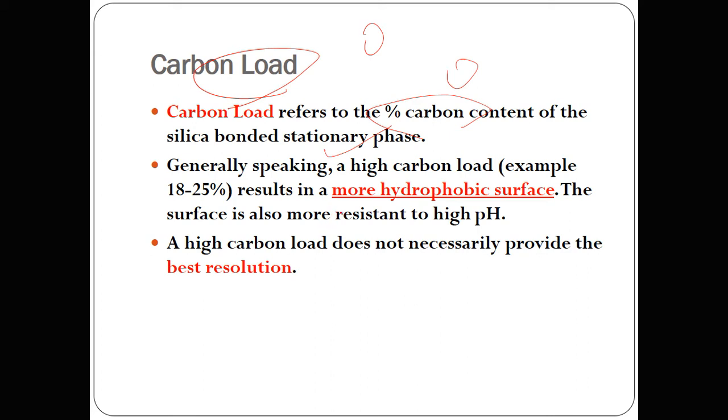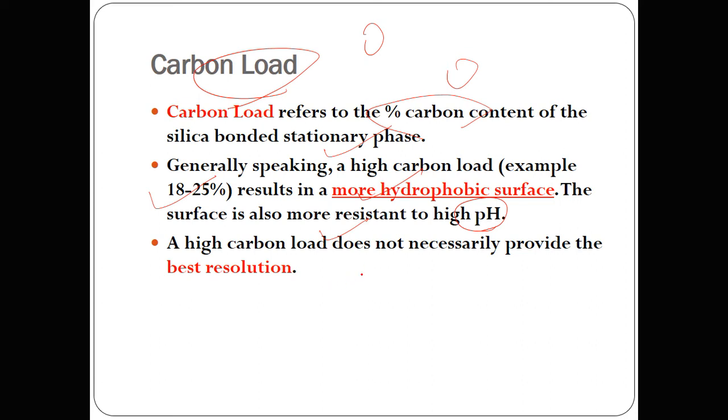Since you are in the method development department doing analytical development, you know what the stationary phase and mobile phase are, so I don't have to tell you. Generally speaking, a high carbon load, for example 18 to 25%, results in a more hydrophobic surface. The surface is also more resistant to high pH. If pH is high, then its surface is more resistant, that I have explained here.